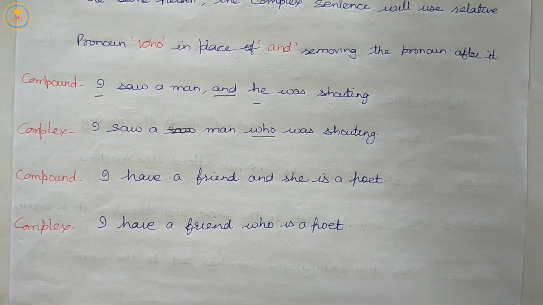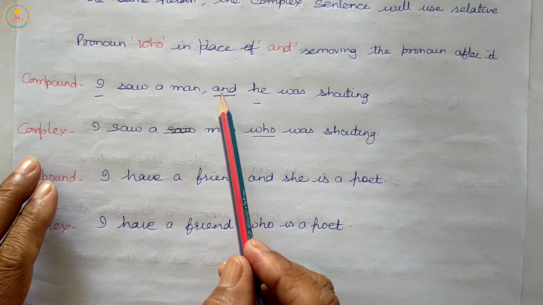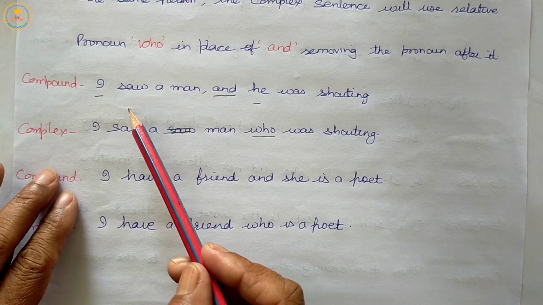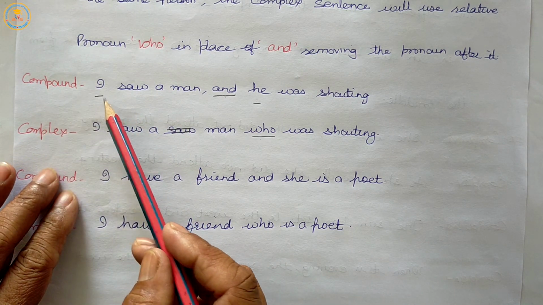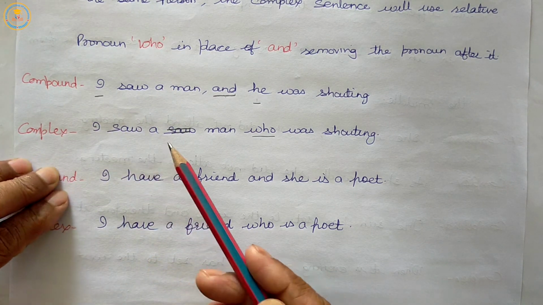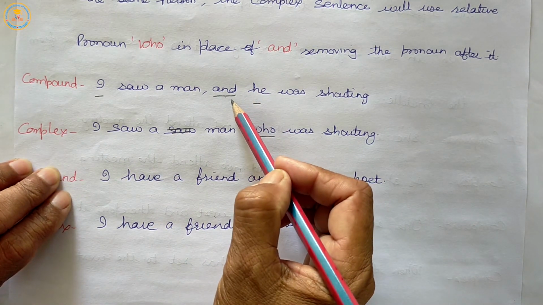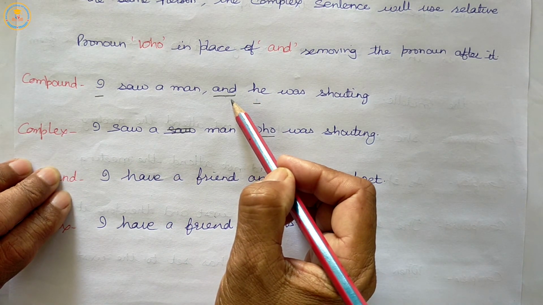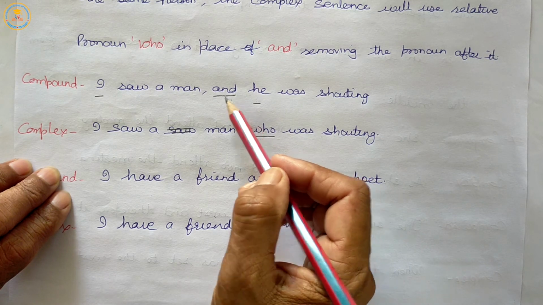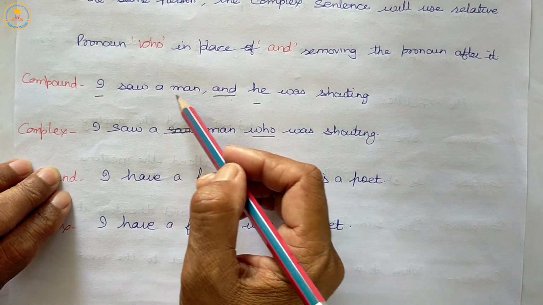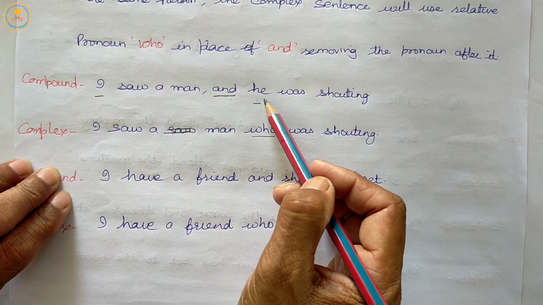So, listen carefully to the rule of transforming a compound sentence to a complex sentence that has "and" with the same person we are talking about.